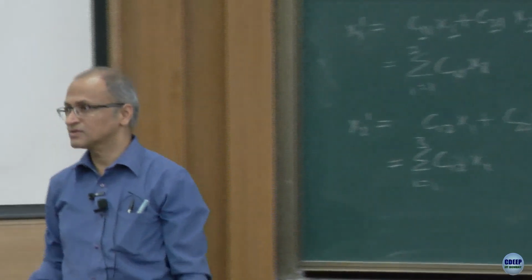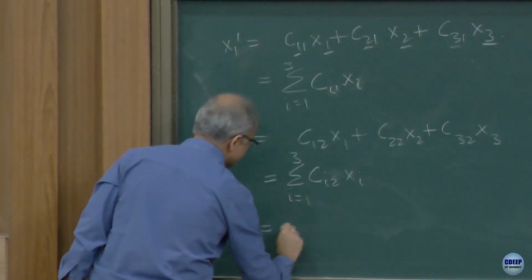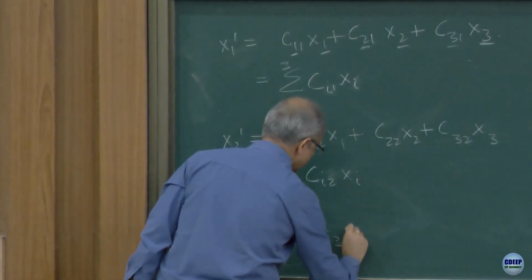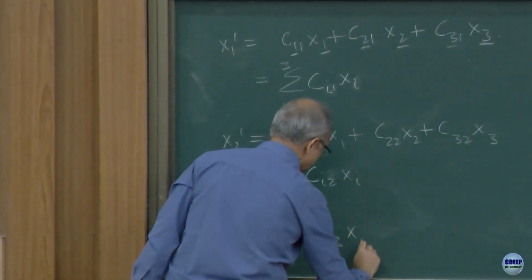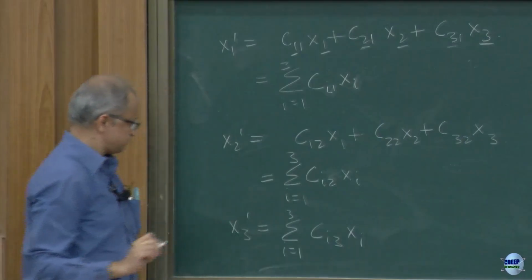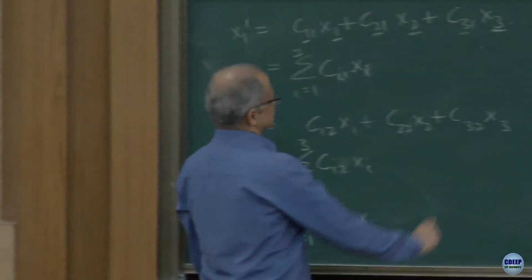Correct? So this is how I can write out the second equation. And similarly, my third equation is the summation of Ci3 Xi, i going from 1 to 3. Correct? Can I write these three equations together?